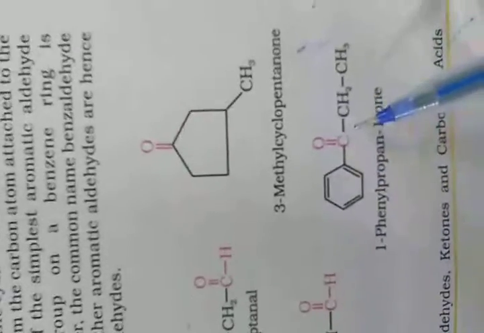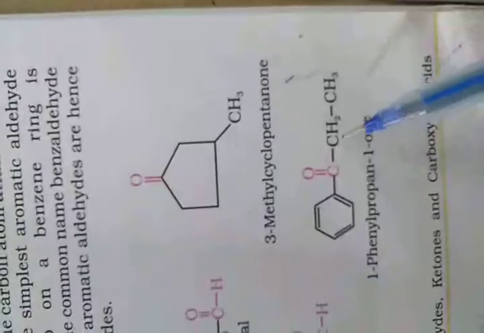Now this one is a benzene structure with a ketone group, CH2, CH3, meaning 1 and 2. So this is called 1-phenyl, and the long chain 1, 2, 3 is propanone. In this way you can give the names.